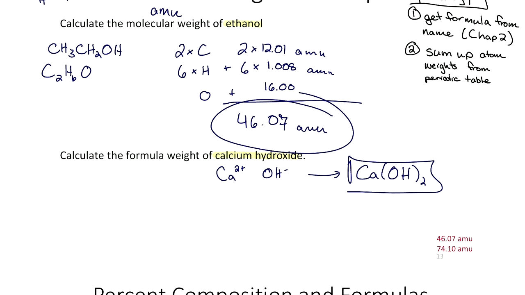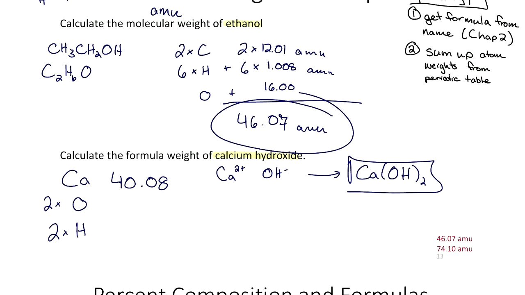So again, take inventory of your atoms. There's 1 calcium atom. How many oxygen atoms are there? 2, and then hydrogen, also 2, because that 2 subscript goes to both. You can think, oh, there's 2 hydroxide polyatomics present, so there's 2 of each there. All right, and then we just add stuff up. So calcium is, I didn't write it down, 40.08 AMU.